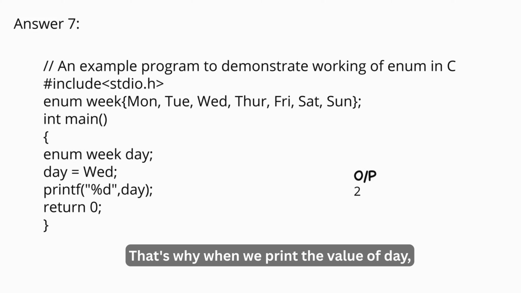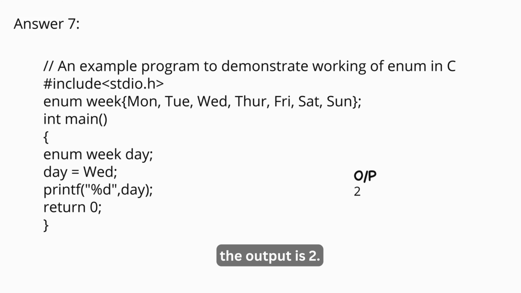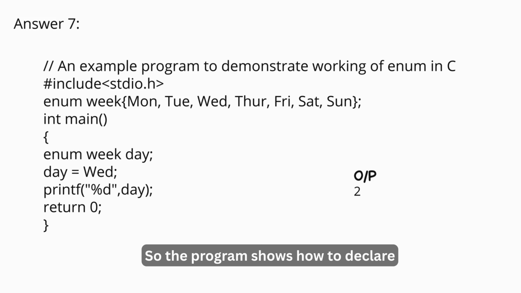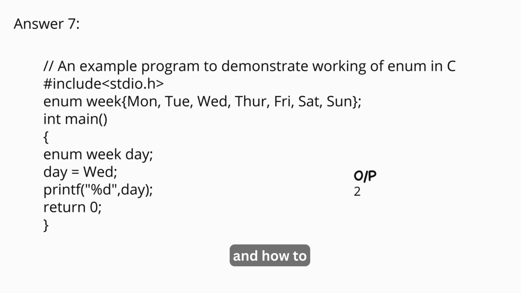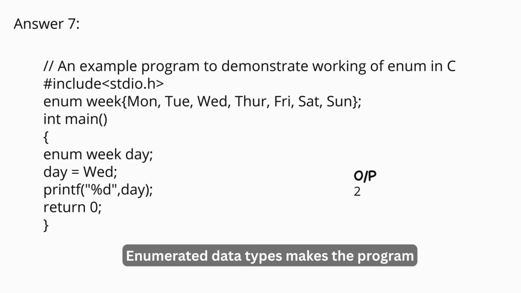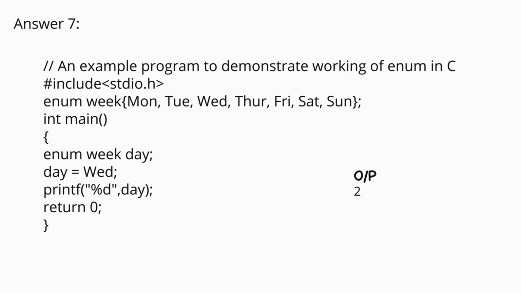That's why when we print the value of day, the output is 2. So the program shows how to declare an enum, how to declare an enum variable, and how to access enum values. Enumerated data types make the program more readable, and they are very useful when we have a fixed set of values.